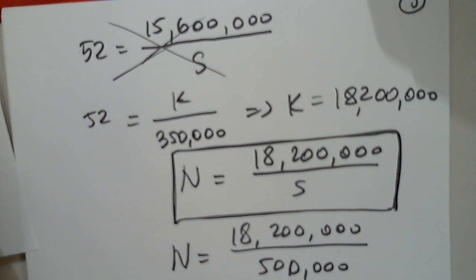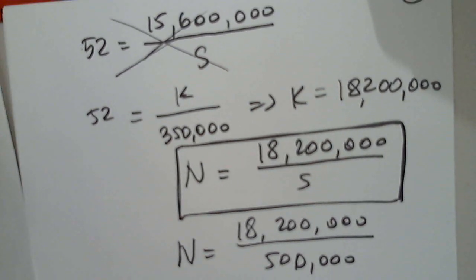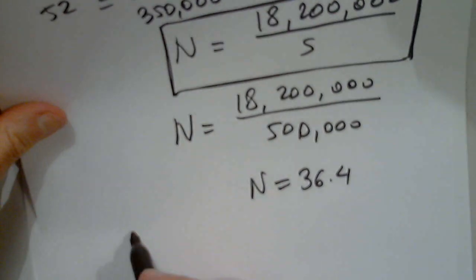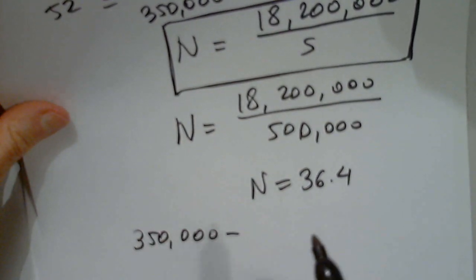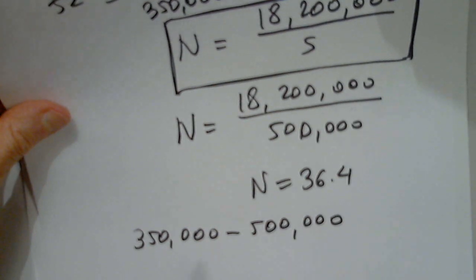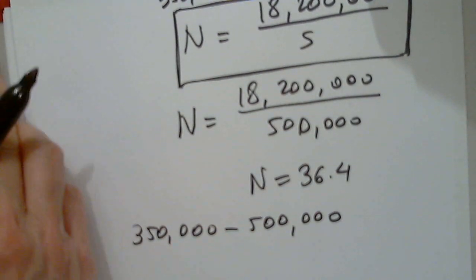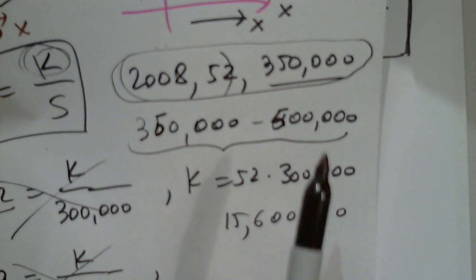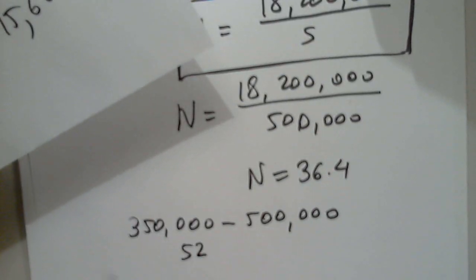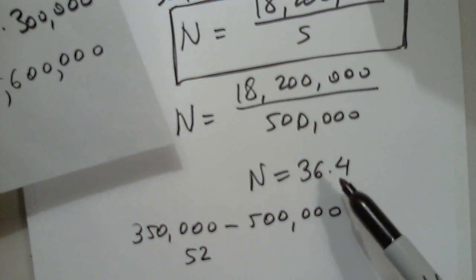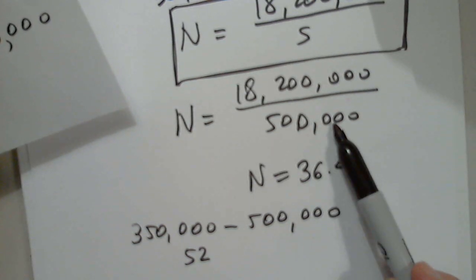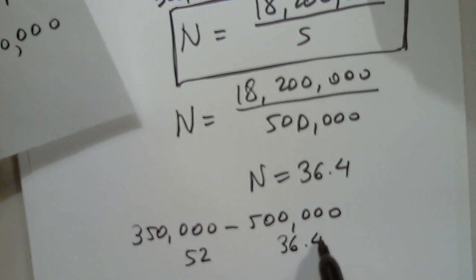What did you enter? So that was for 500,000. And they're asking us between 350,000 and 500,000. Well, for 350,000, we do have 52. For 500,000, we have 36.4.